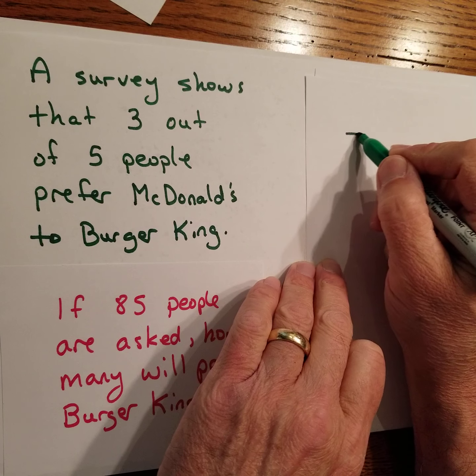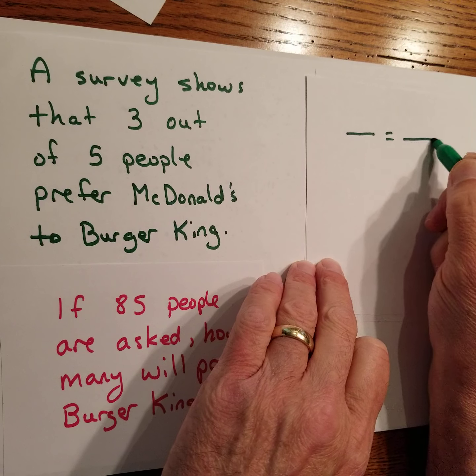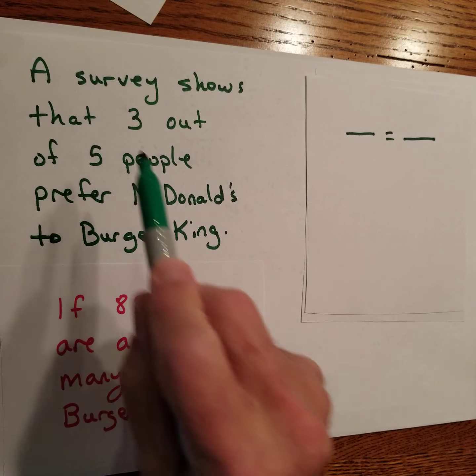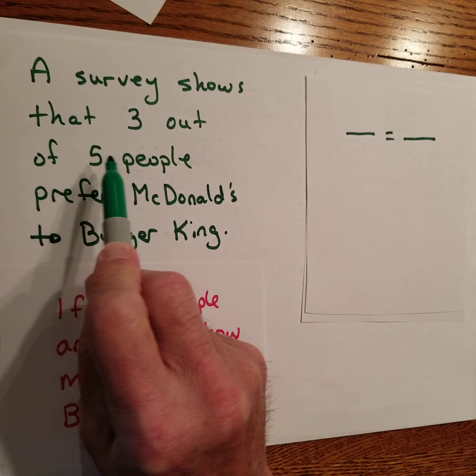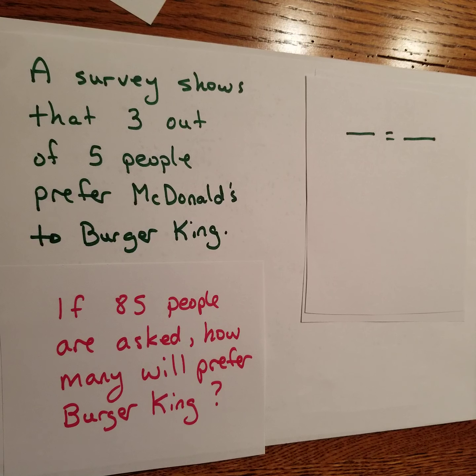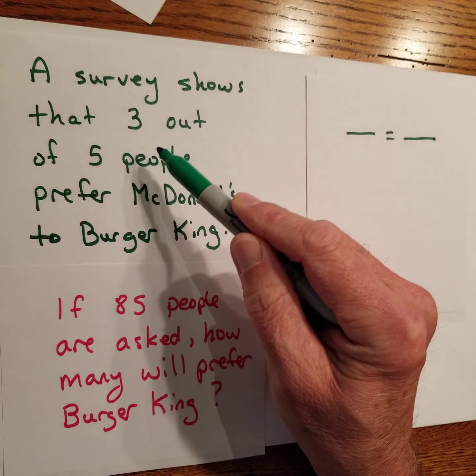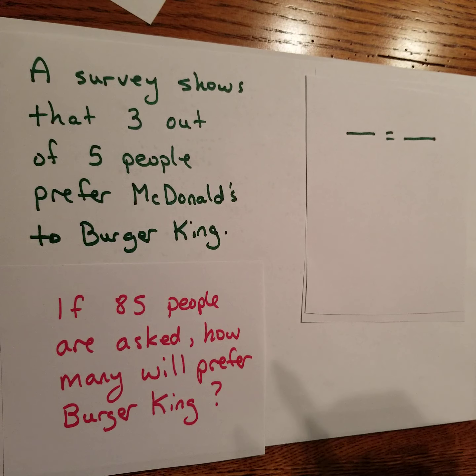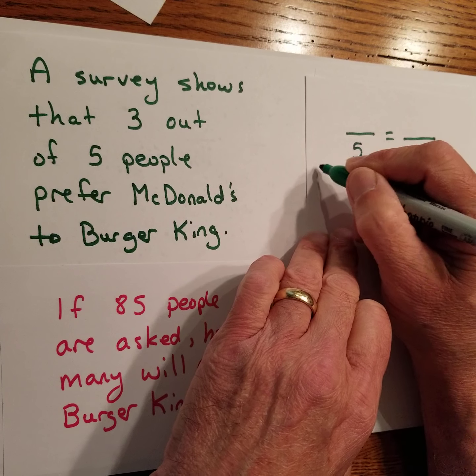Here we'll keep the same survey, but a different final question. Remember, the survey shows 3 out of 5 people prefer McDonald's to Burger King. If 85 people are asked, how many people will prefer Burger King? 3 out of 5 prefer McDonald's. The 5 was total.